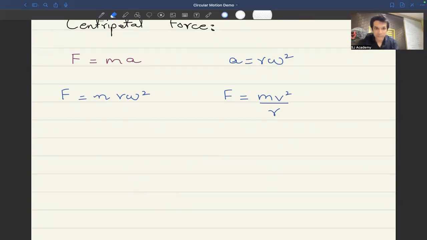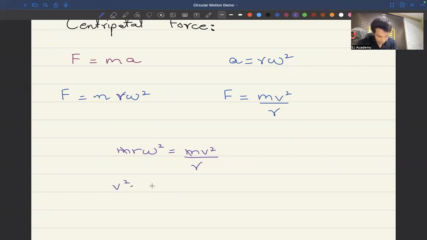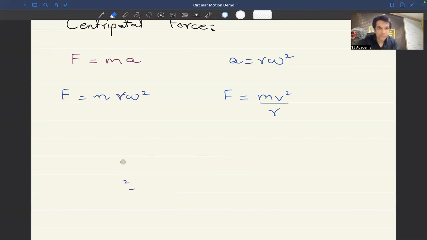So this is important to have your writing very clear. So m r omega square is equal to mv square upon r. So m and m cancel out. So we will get v squared is equal to r squared omega squared. We'll get the same formula. So this a small mistake over here. Let me quickly check. Okay, so I just made a small mistake.